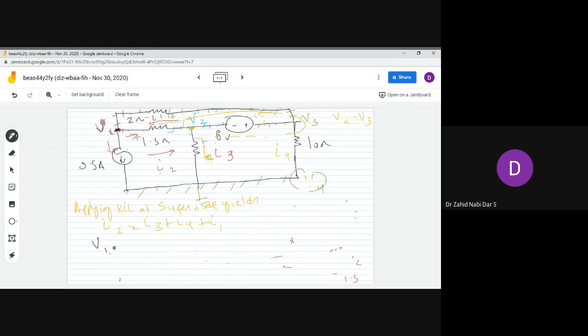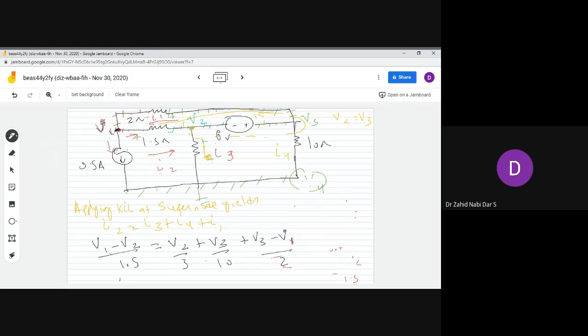So express this in terms of Ohm's law. I3 is nothing but V2 by 3. I4 is nothing but V3 by 10, and I1 as usual is (V3 minus V1) divided by 2.